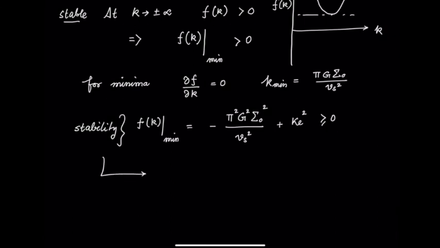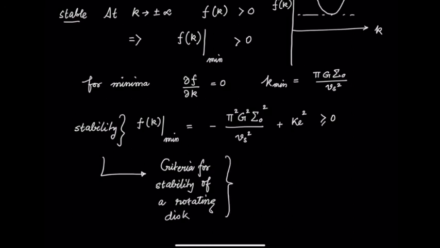So the stability criteria can be written as Vs kappa by pi g sigma naught greater than 1.